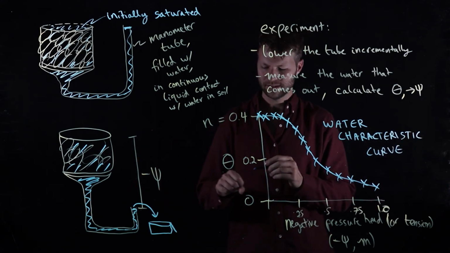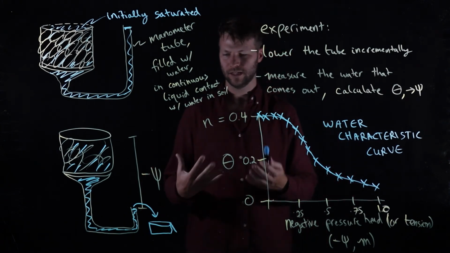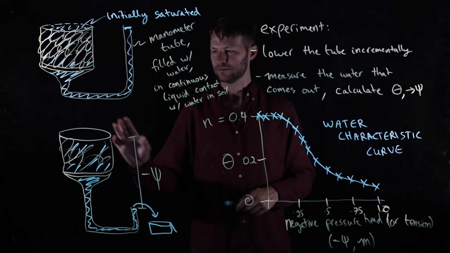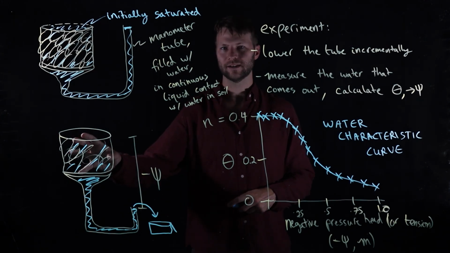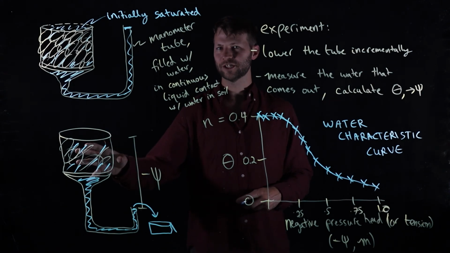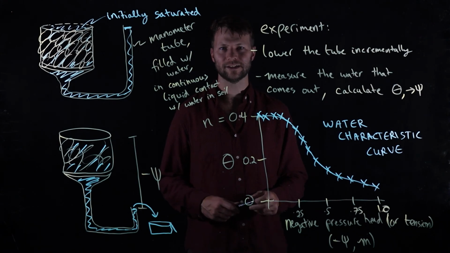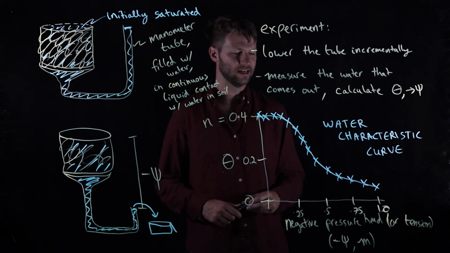For a given sample with a particular grain size distribution, the water characteristic curve relates the volumetric water content of the sample to the pressure head of the sample, particularly as you're starting to desaturate the sample and you're getting into these negative pressure heads.